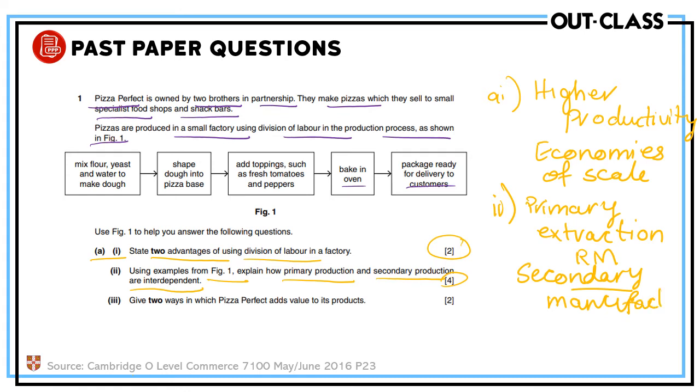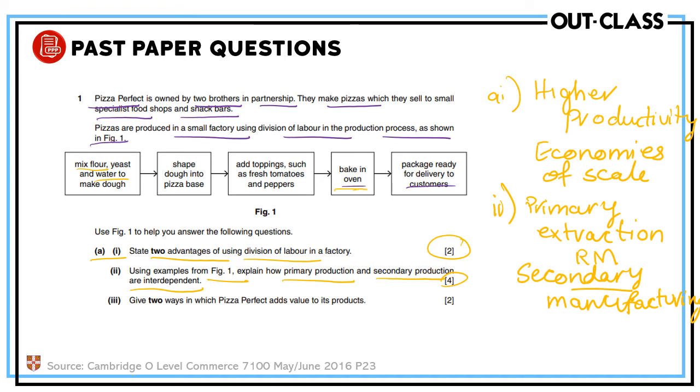So then you have to write the interrelationship of the two. So we can say that without raw materials like flour or yeast or water, because these are coming from the primary sector, the goods cannot be produced in the secondary sector, that is baking in the oven.